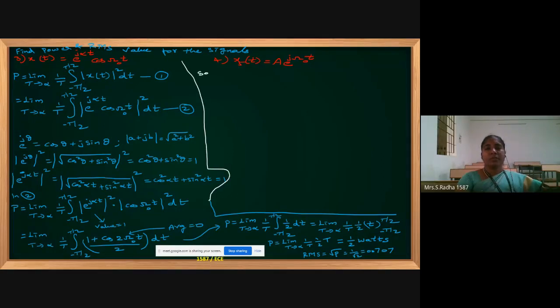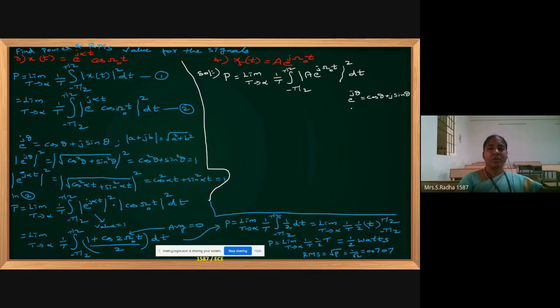And here, coming to the solution, equation 1 holds good. Directly I will substitute in the formula: limit t tends to infinity, 1 by T, integration from minus T by 2 to plus T by 2, modulus of the signal squared dt. And I told you e power j theta means cos theta plus j sin theta.